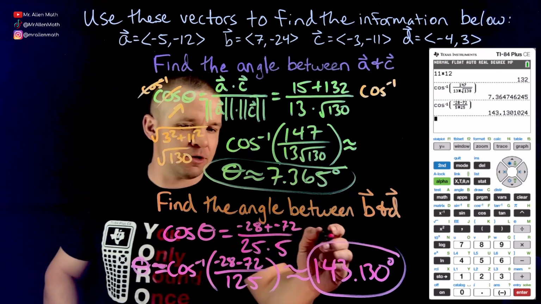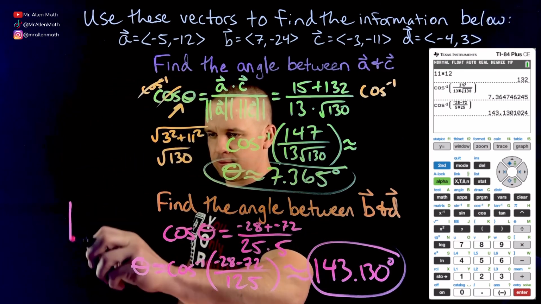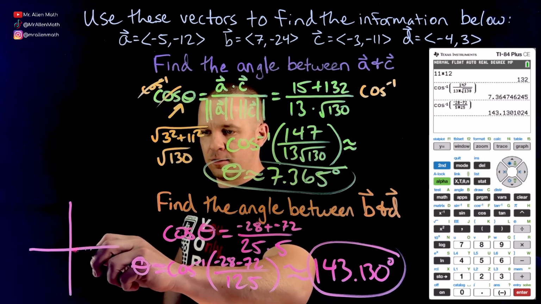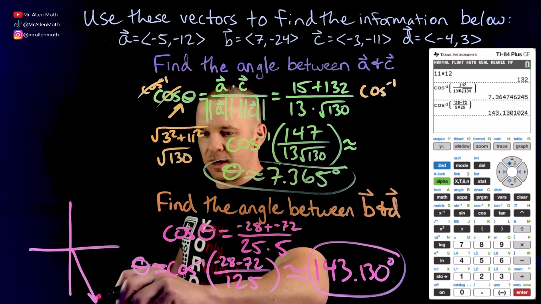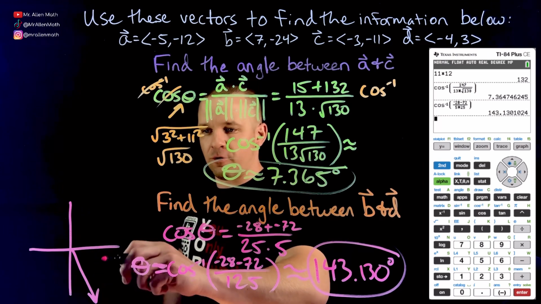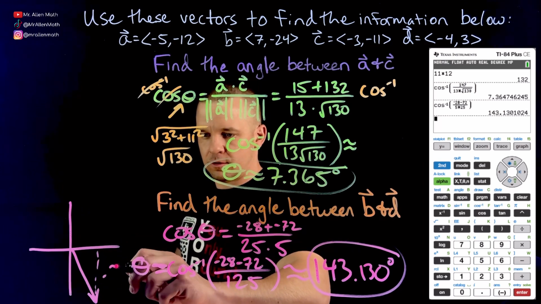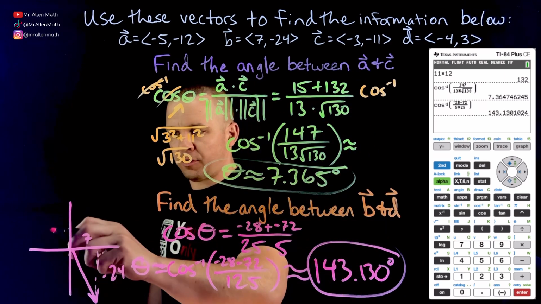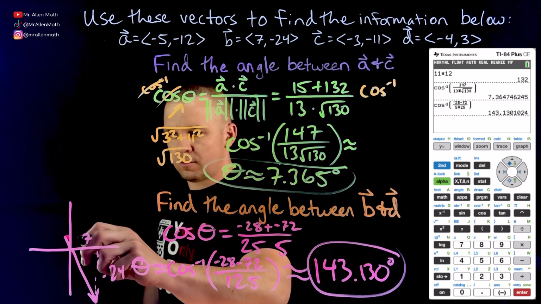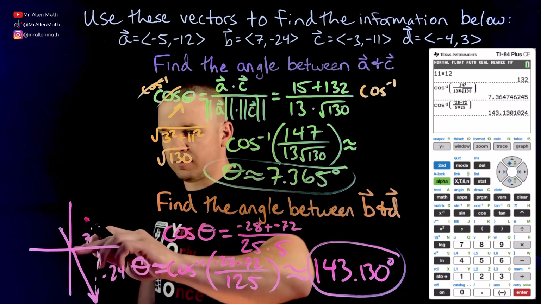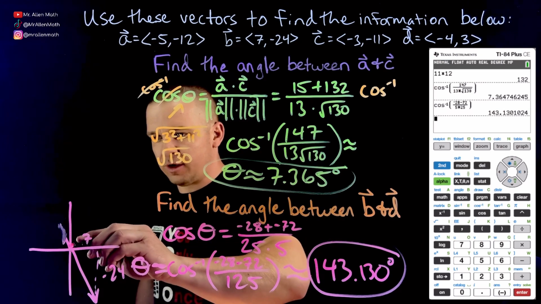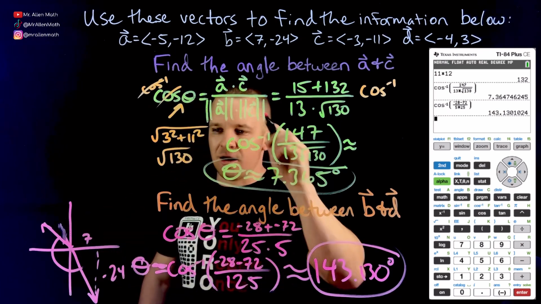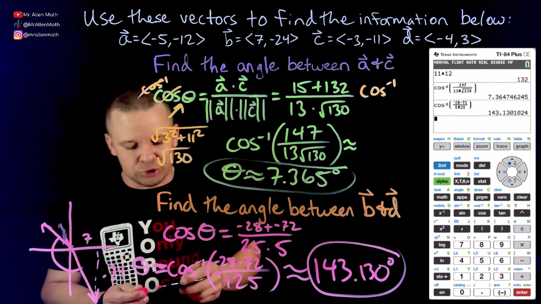So our vectors are looking something like this: in the fourth, 7, negative 24, so it's going down quite a bit. And then the negative 4, 3 is not quite as vertical. Hopefully you get the picture. Something like that. Boom. So then our angle is this guy right here. That makes sense. It's quite obtuse, yes?